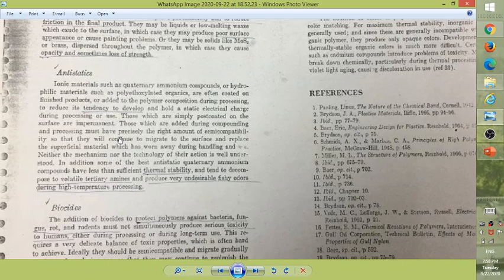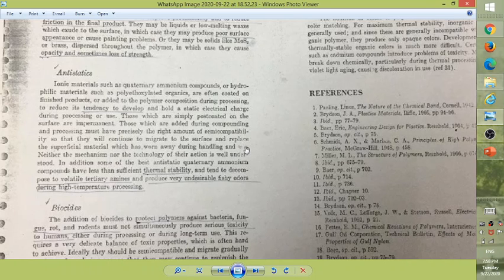Those which are simply post coated on the surface are impermanent. So those which are coated are not permanent. Those which are added during compounding and processing must have precisely the right amount of semi-compatibility so that they will continue to migrate to the surface and replace the superficial material which has worn away during handling and use.